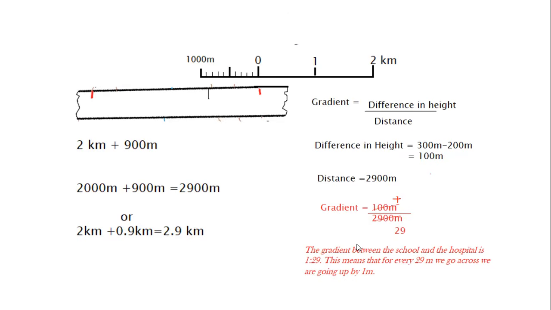So our gradient would be 1 to 29. And what this means is that for every 29 meters that we go across, we are going up by 1 meter. All right? Just in case you're asked to explain what this ratio actually means.